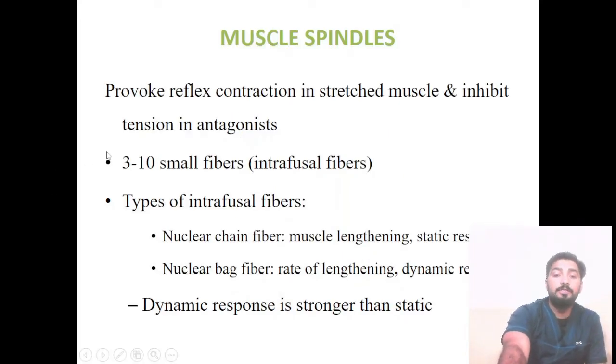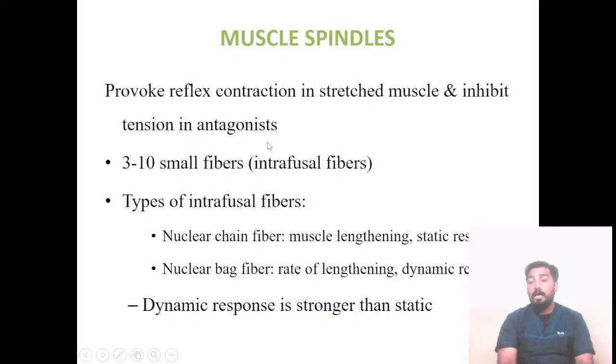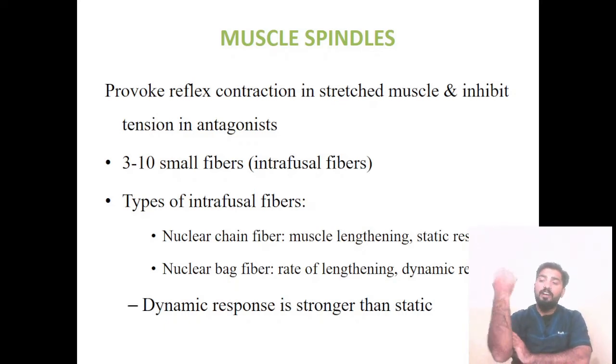Next is the muscle spindles. They provoke a reflex contraction in stretched muscles or inhibit tension in an antagonist. What does it mean? It causes the contraction of the stretched muscle. Let it be the bicep. If it is being stretched, it will cause the contraction of that muscle, and as a result the antagonist will be inhibited and will relax.